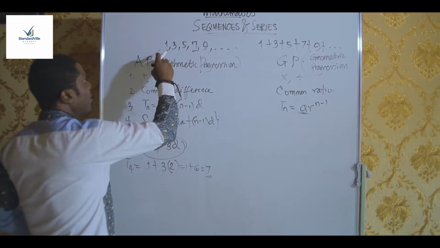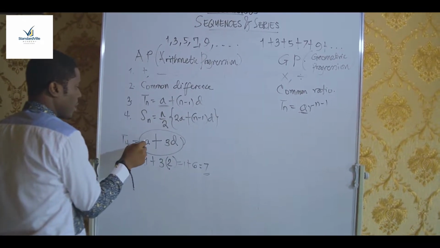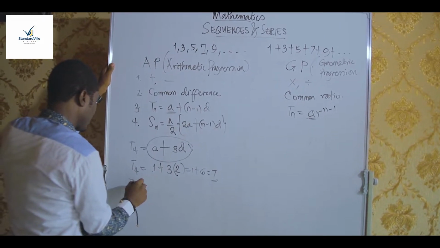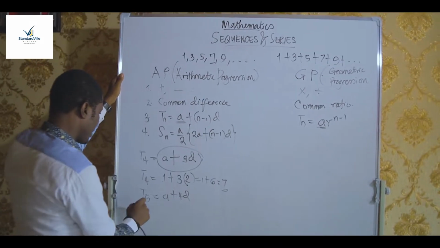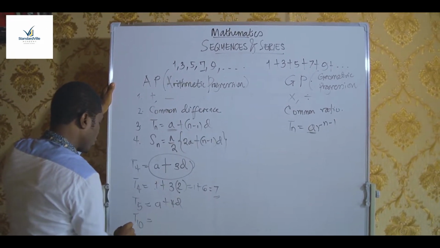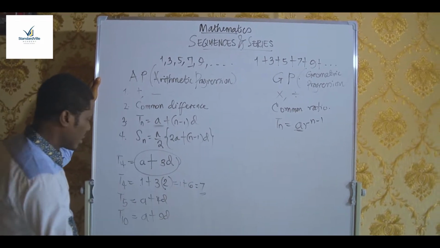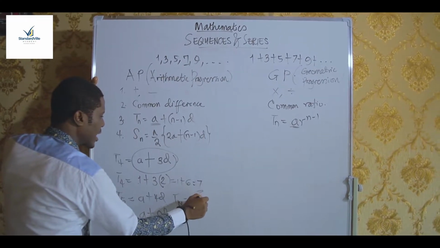I could also be asked to find a term that is farther. When I was looking for T4, I used a plus 3d. In the same way, for T5, I would say a plus 5 minus 1, which is 4d. For T10, it will be a plus 9d. For T100, it's going to be a plus 99d.